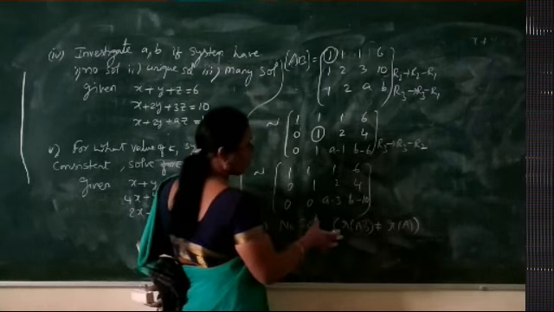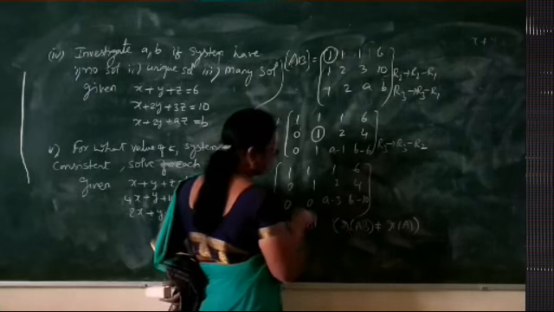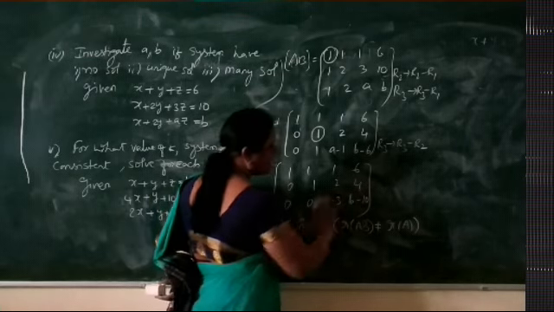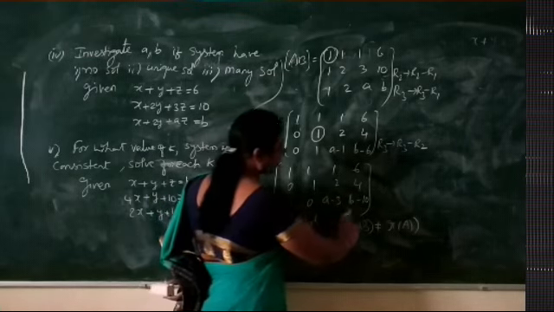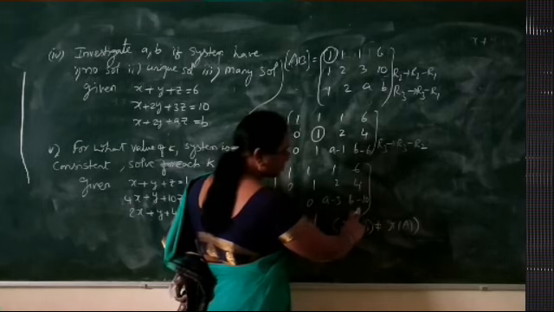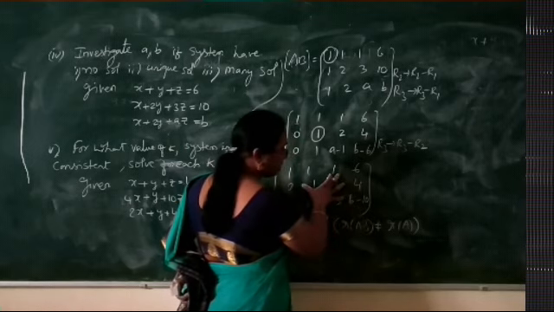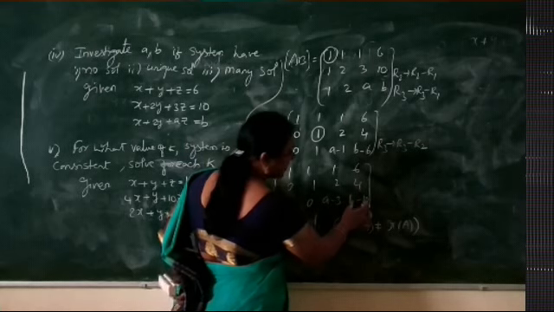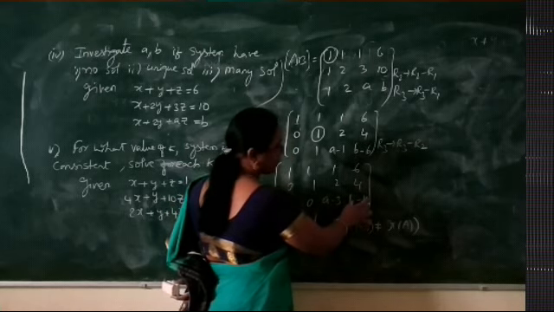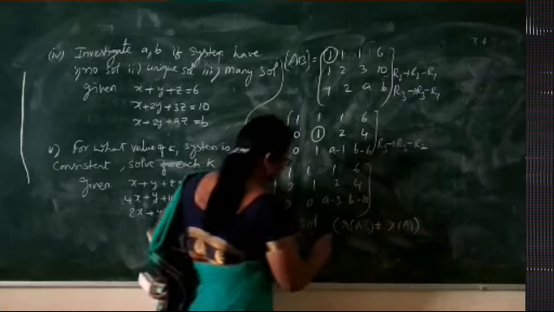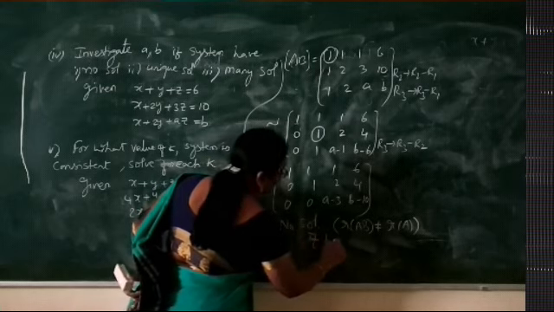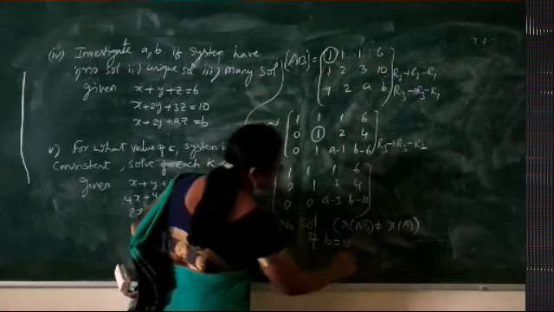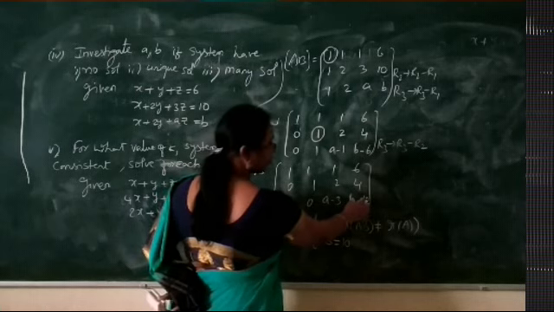Then what has to be true? The last row has to become a non-zero row. And the last row is non-zero row for this AB if this B minus 10 is 0. If this B minus 10 is 0, let us see what happens. If B is equal to 10, it becomes 0.